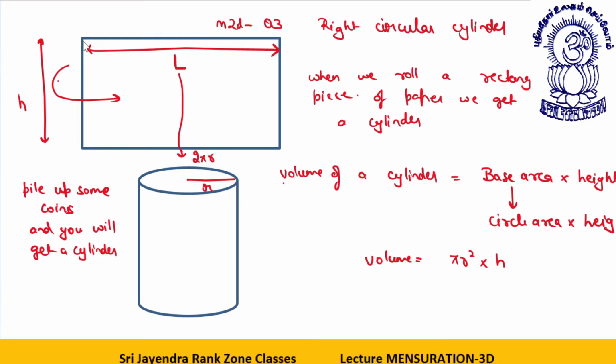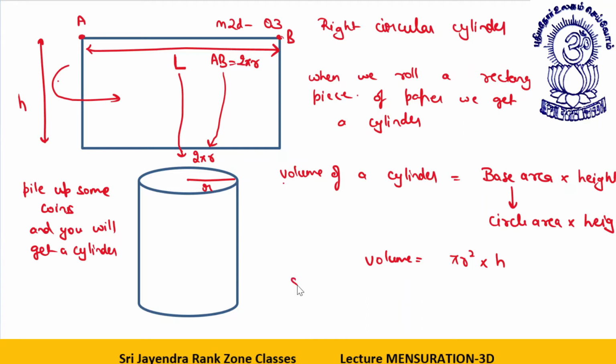When you roll it, this point A and this point B meet, and this AB is equal to 2 pi r. This L is equal to 2 pi r. Getting it? Clear? Volume is pi r square into h.